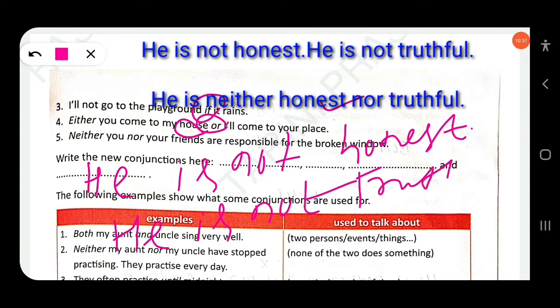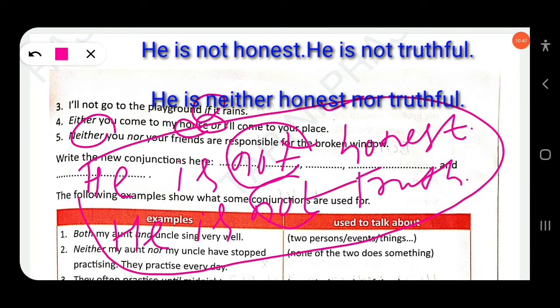Now you have to join the two sentences. The two sentences are written in negative. So here neither nor means the two sentences are in negative form. You have to make them into one sentence: he is neither honest nor truthful.